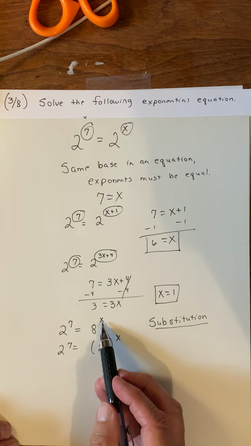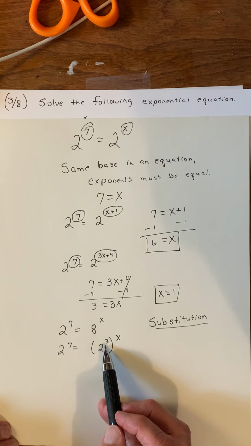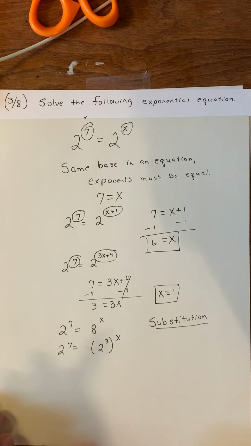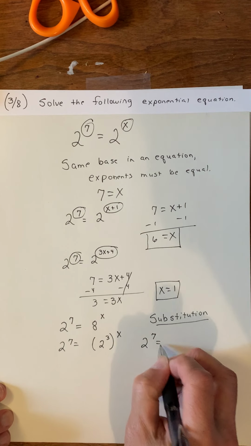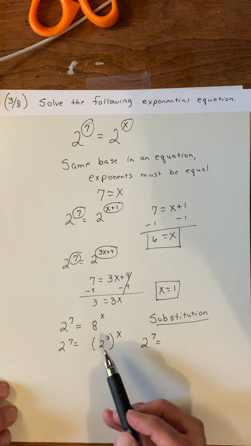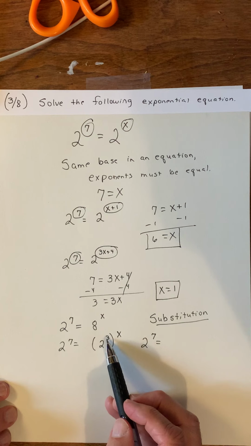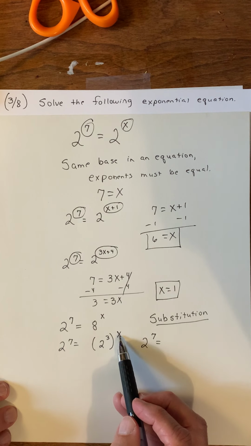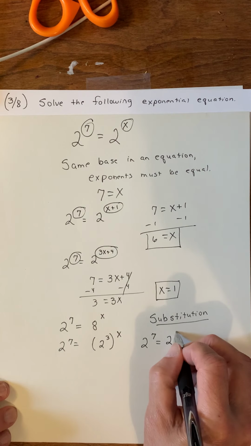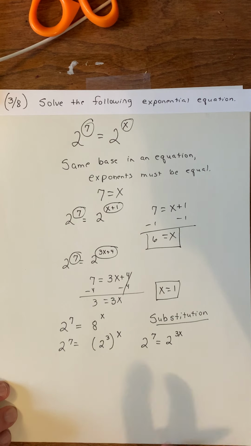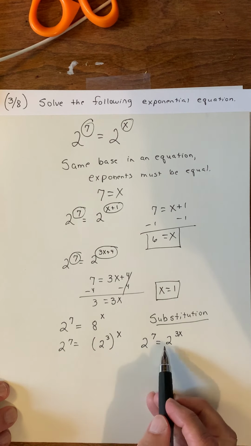So instead of 8 to the xth, I have 2 to the 3rd to the x. All right, let's keep going. I have a property of exponents that says if I have a power to a power, what do I do with these exponents? Yeah, I multiply them. So that's 2 to the 3x. Hey, I'm where I want to be now. Got the same base.